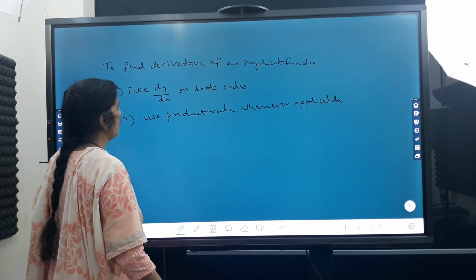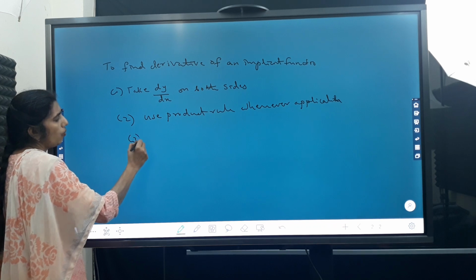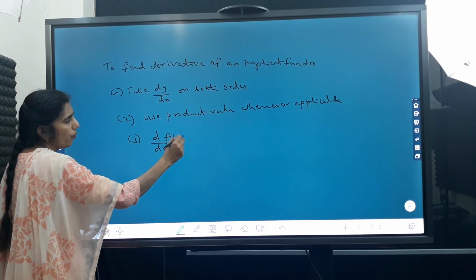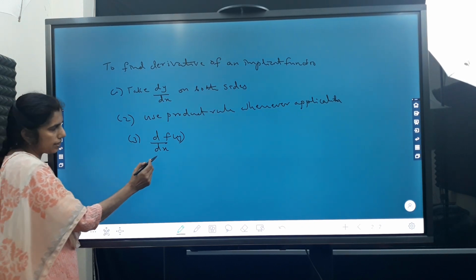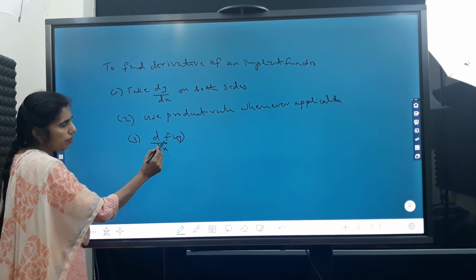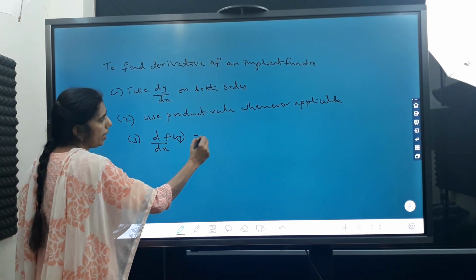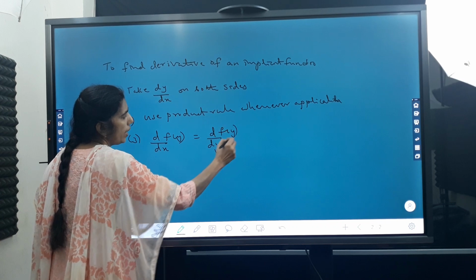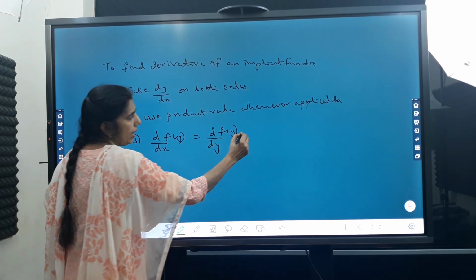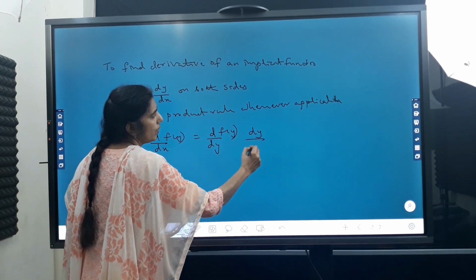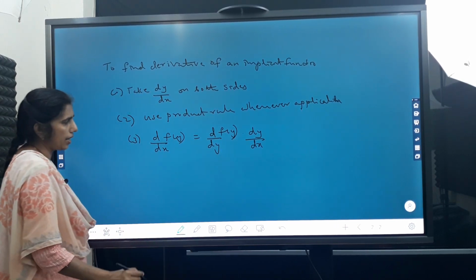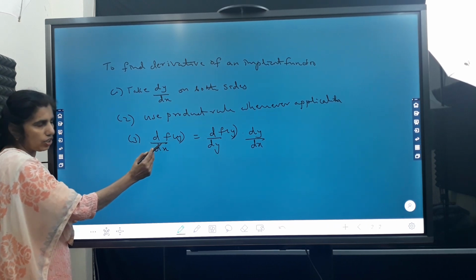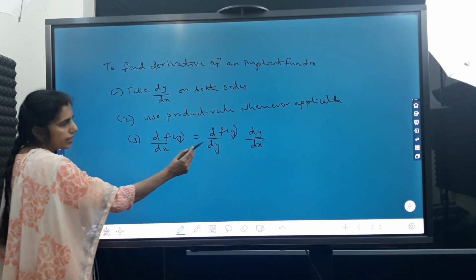Then, when you are differentiating a function of y with respect to x, that is when you are finding d by dx of f of y, differentiate the function of y with respect to y, then multiply it with dy by dx. This is an important rule when we are differentiating a function of y with respect to x.